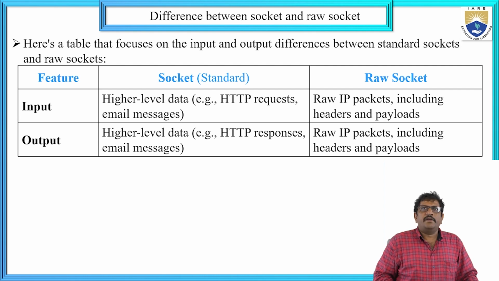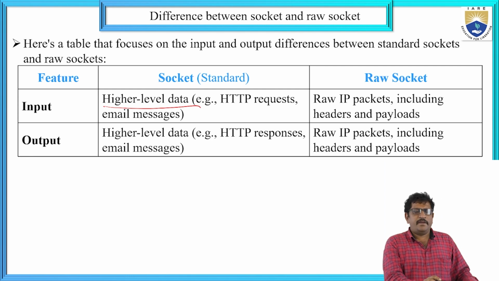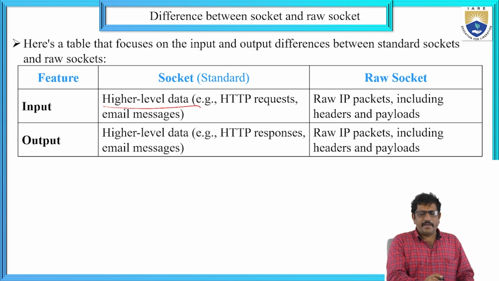Next, the differences in terms of input and output. The difference in input is that standard sockets transfer higher level data from the client to the destination. So that means higher level data, for example HTTP, hypertext transfer protocol requests and email messages.